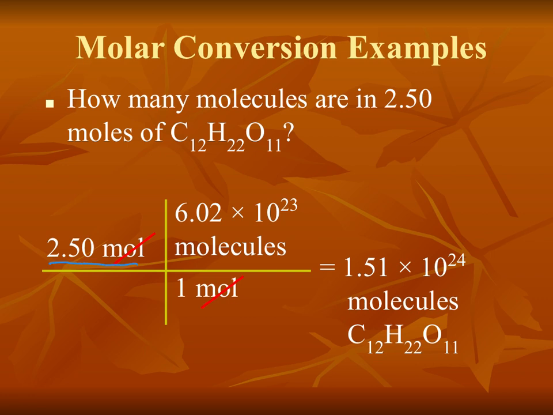We put the amount that we know up top, 2.5 moles, right? And then we use Avogadro's number, which states that 1 mole is equal to 6.02 times 10 to the 23rd parts, or molecules, or particles.